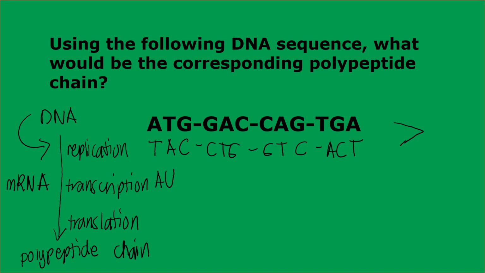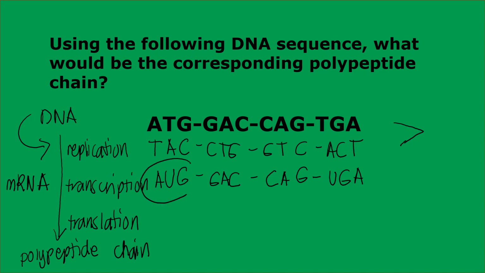And then cytosine still with guanine, and I'll do the rest again. You can pause this so that you can try it at home. And then we will look at the polypeptide chain already. For translation, we will translate it to the polypeptide chain, to your proteins.